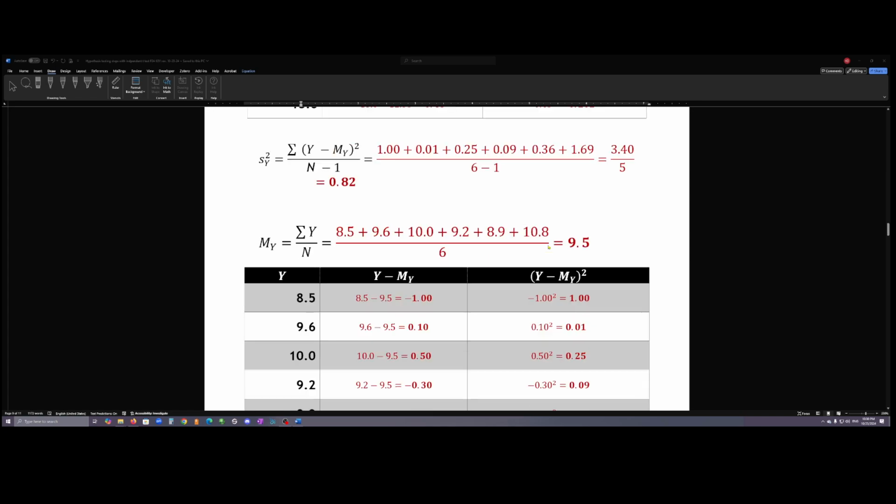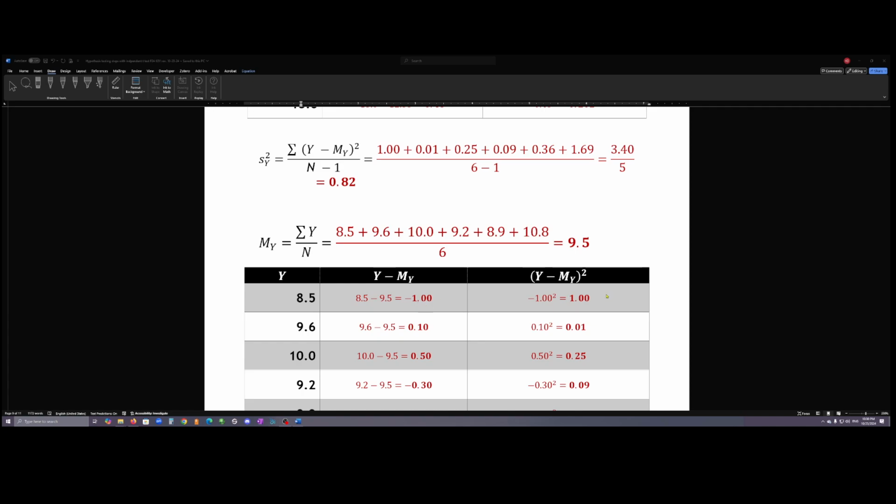We then, and this is where we are picking up, move on to the second group, which we calculate the mean for, which is 9.5, and we take that mean, subtract it from each individual score down here, and then take those values and square them.